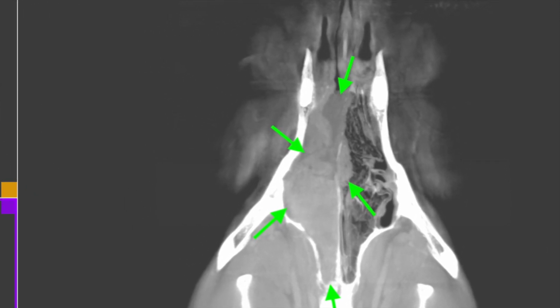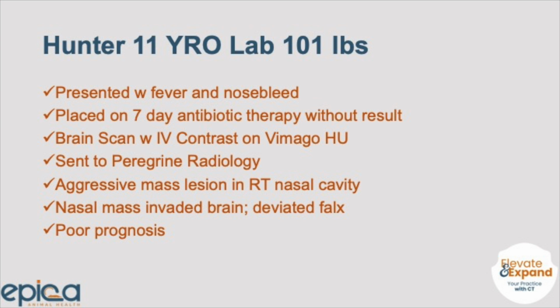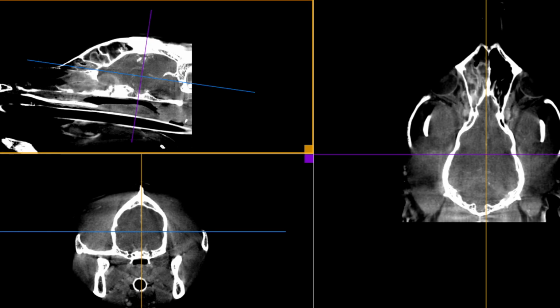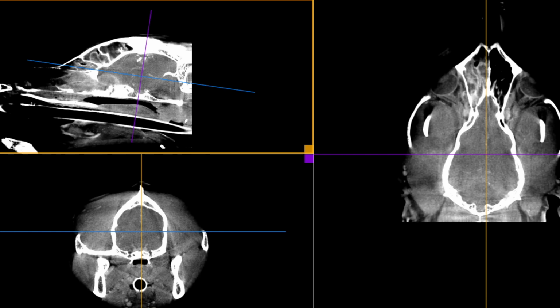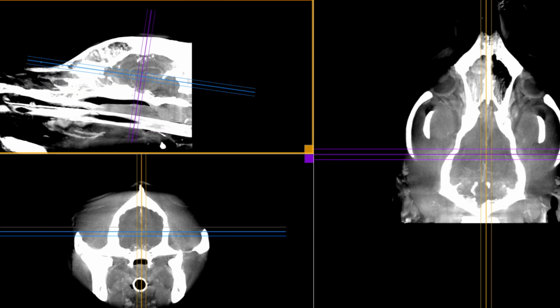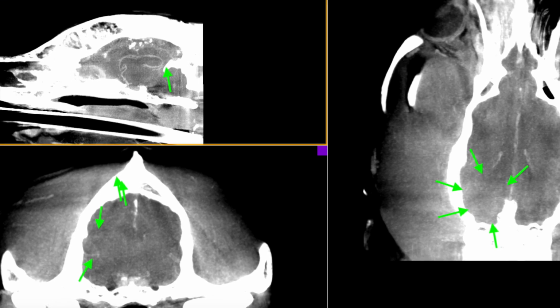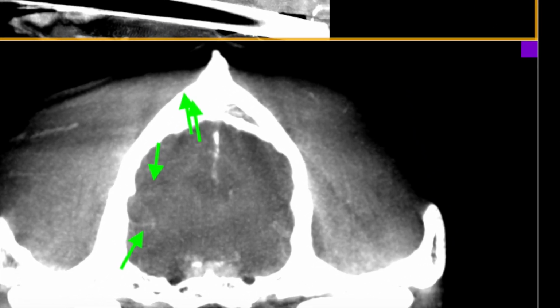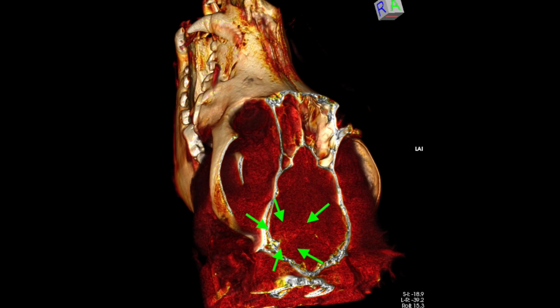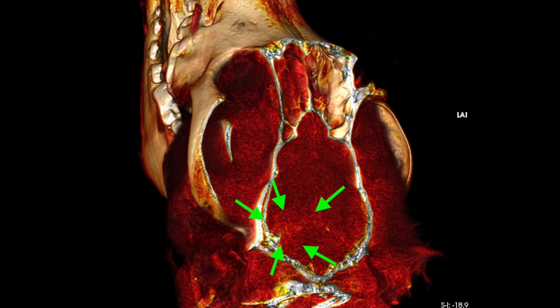So we have a nasal mass here that's essentially invaded the brain. And when we get into the brain itself and we look further, we can also see the mass is very prominent. The prognosis here is not good.